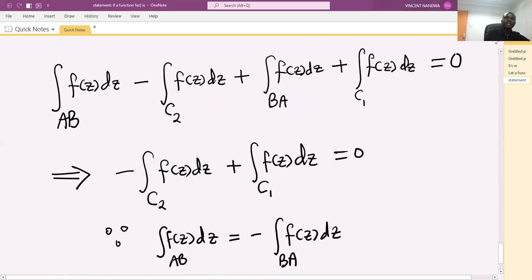So this integral and this other integral cancel out because they are negatives of each other.